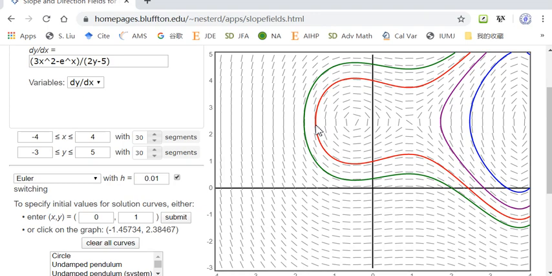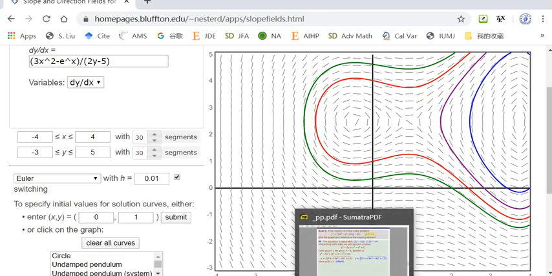Because the point (0, 1) lies on the graph of our solution, only the lower half of this red curve is the graph of our solution. The upper half of the curve is the graph of a solution of the same equation with a different initial condition. So this is the graph of the solution of our initial value problem.